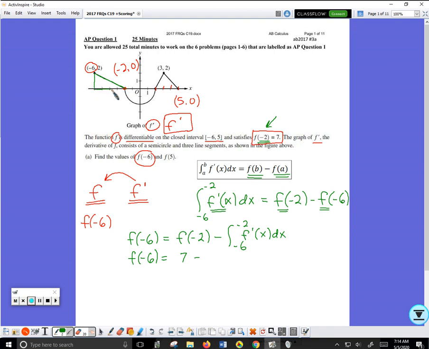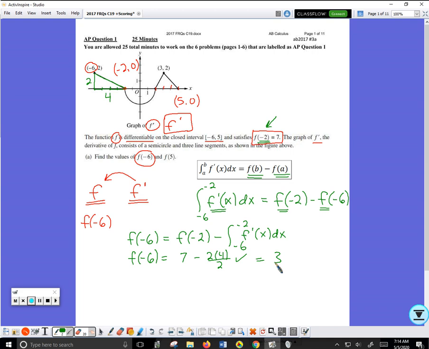So all of this area counts positively. This is 1, 2, 3, 4 by 2, which would be 8. Half of 8 is 4. So this is 2 times 4 divided by 2 again. And I can actually stop right there. If you kept going, you would end up with a value of 3.